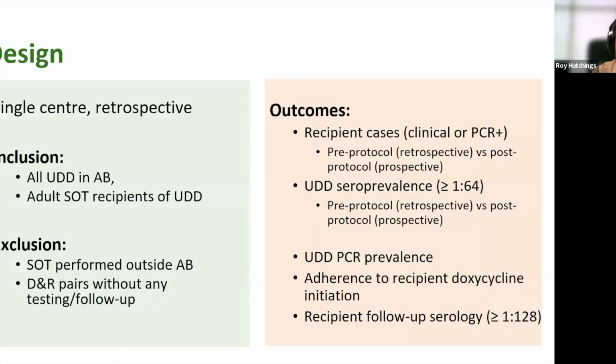In the recipient follow-up testing, we used a cutoff of 1 in 128, again, which is lower than the standard 256. This is because we know that serology has a lower sensitivity after solid organ transplant, and we want to be, again, a bit over-inclusive, and lowered that threshold by a dilution.